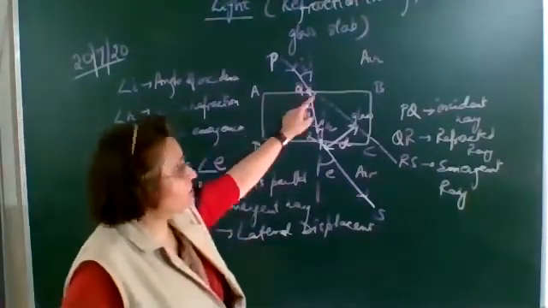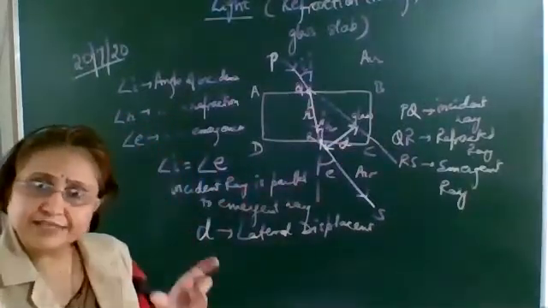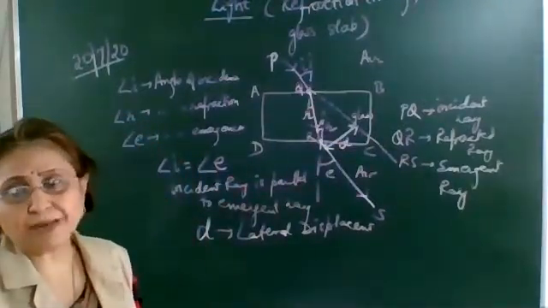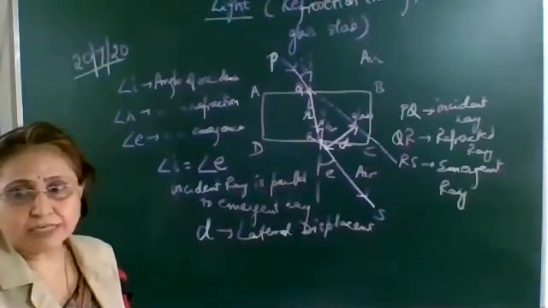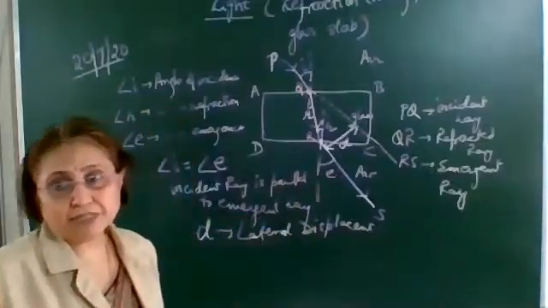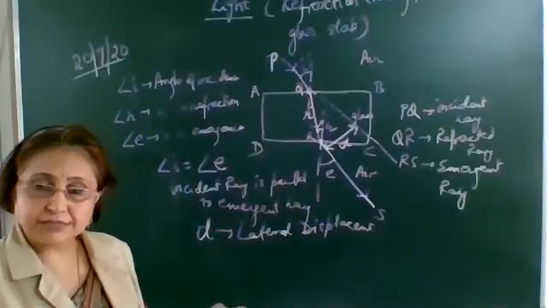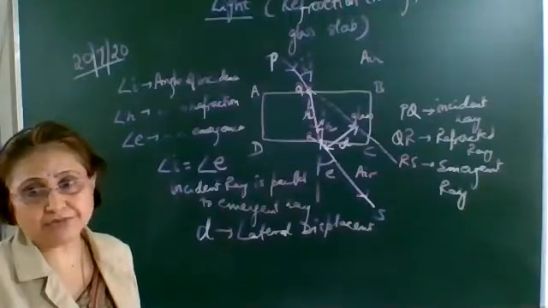Now extend the incident ray. Extended rays are always shown by dotted lines. Extend the incident ray by a dotted line, and it will be parallel to the emergent ray. When you are drawing, make sure that the incident ray is parallel to the emergent ray.